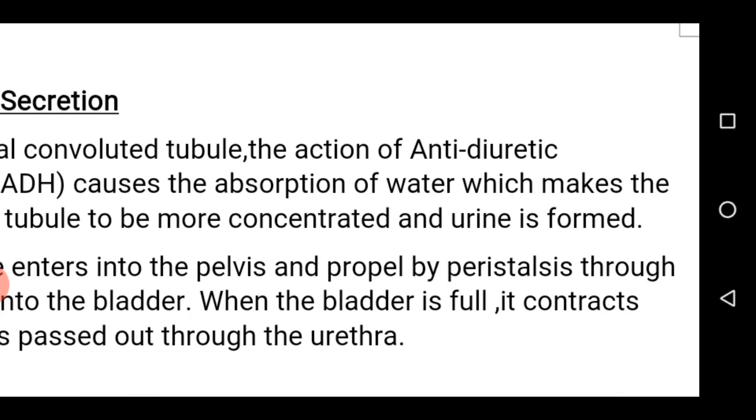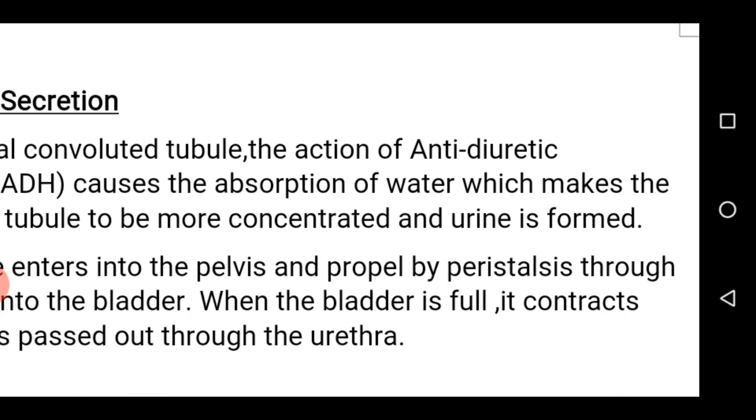There is reabsorption of water because urine might take water out of the body, and if this water is taken out, it might lead to dehydration. So in order to prevent dehydration, there will be reabsorption of water from the urine back into the body system.